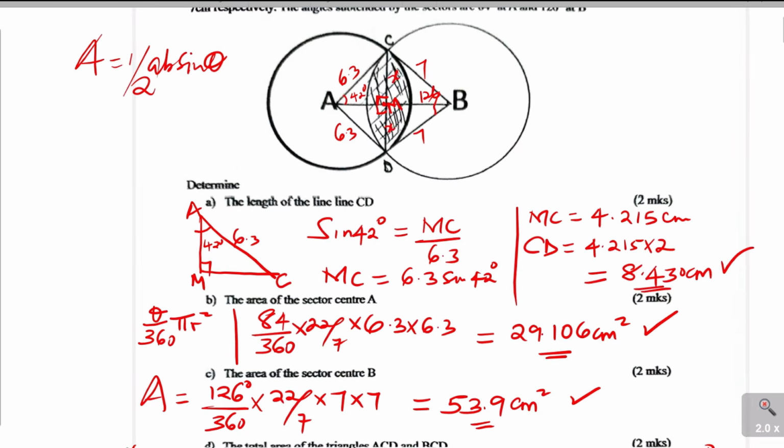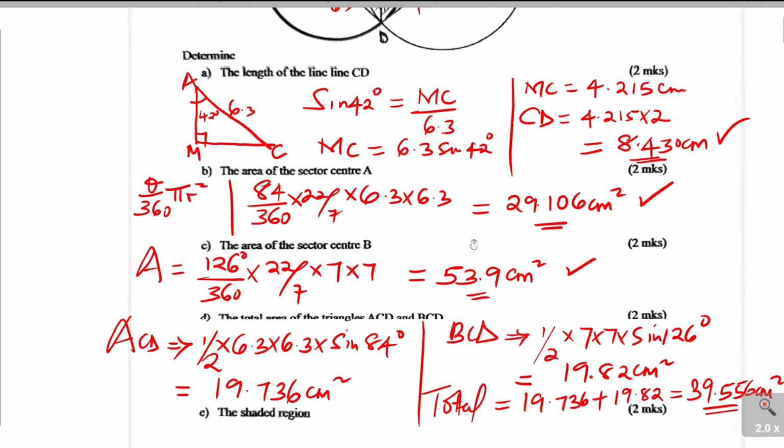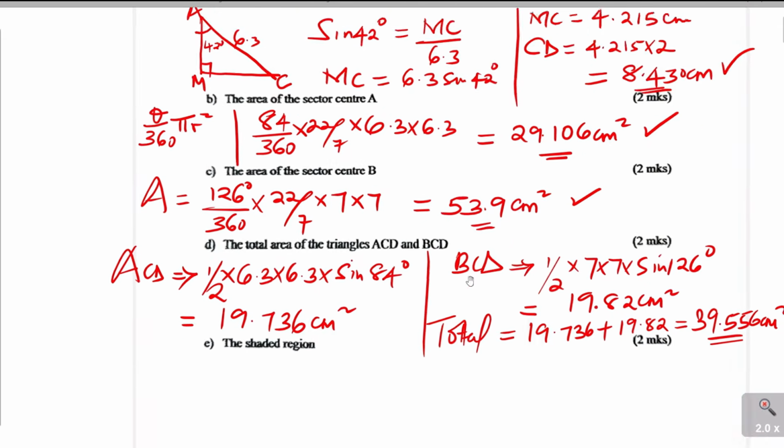So how do you get the area of the shaded region? When you get the total area of the sectors that we calculated, that is the total area of the sector with center A, and then the other one with center B. There are several ways of doing this.